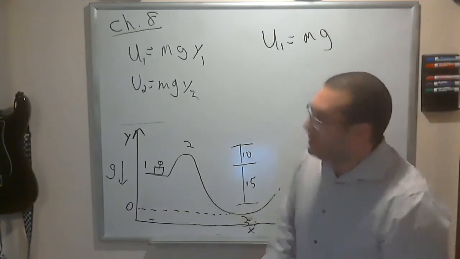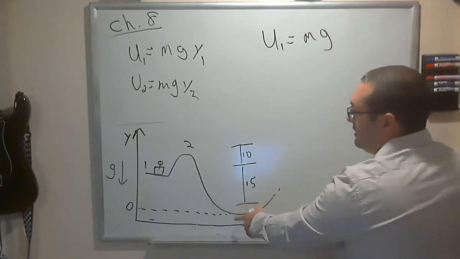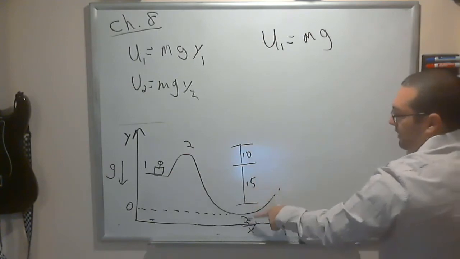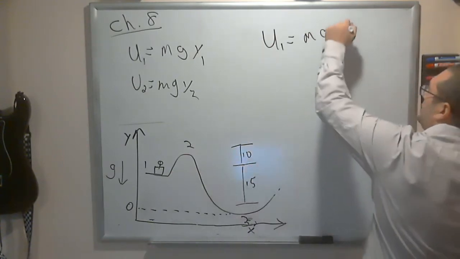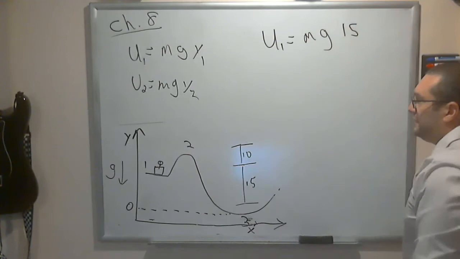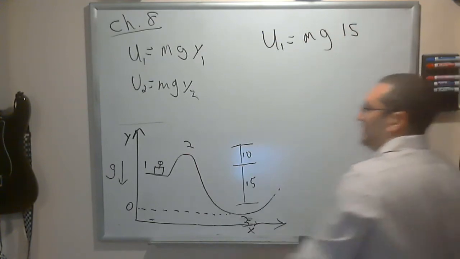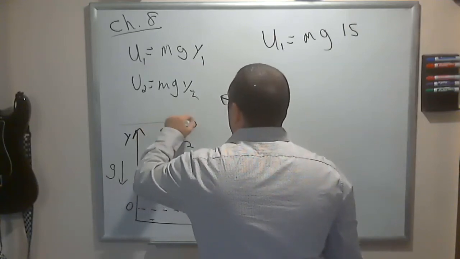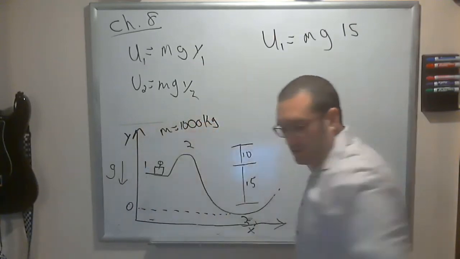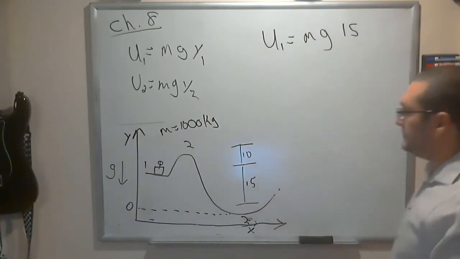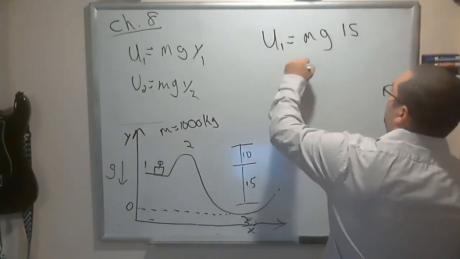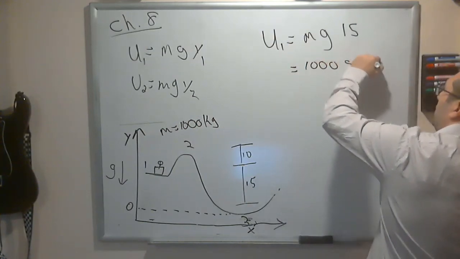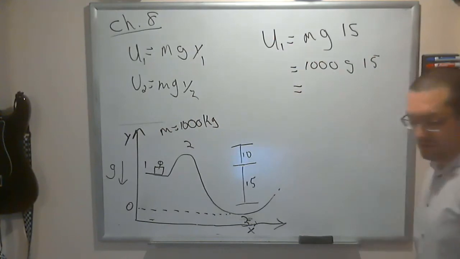So now the potential energy at 1, from 3 to 1, is just mg times 15, right? And let's say the mass of this cart is 1,000 kilograms. So this would equal 1,000 times g times 15, right?